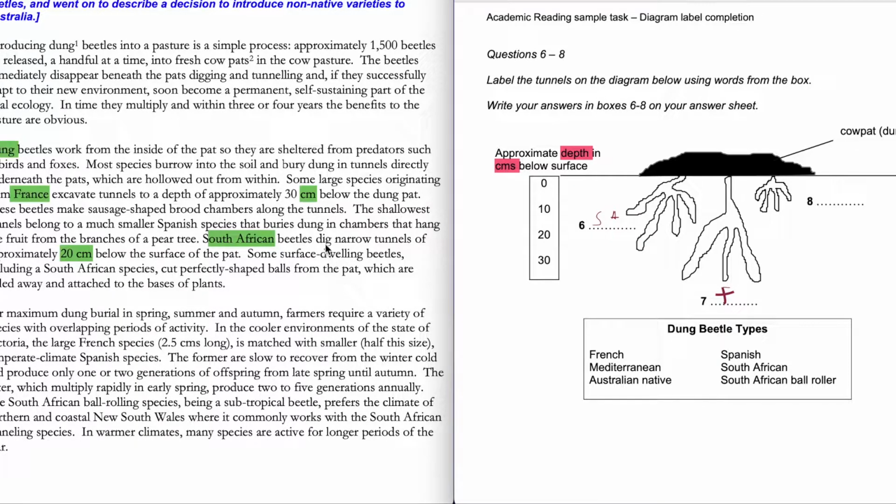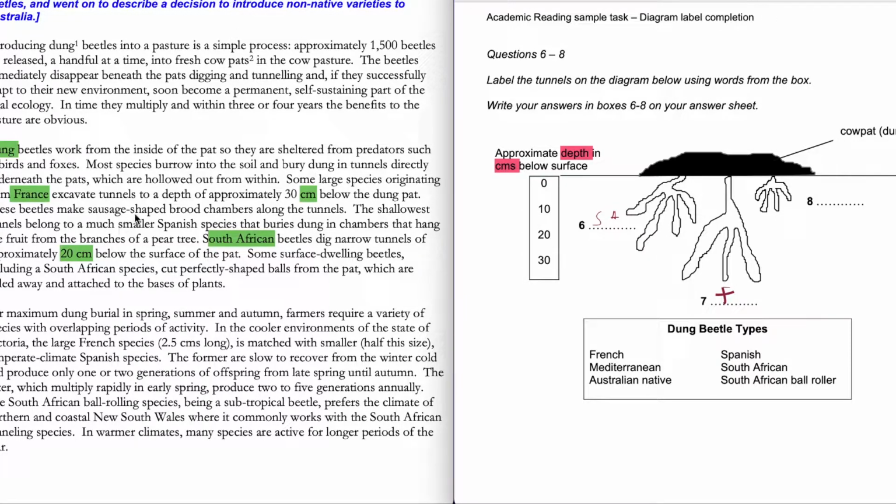So they were saying about the tunnels again here. In case of Spanish, they were saying the shallowest tunnel belonged to a much smaller Spanish species, but berries hang in chambers that hang like fruit from the branches of a tree.